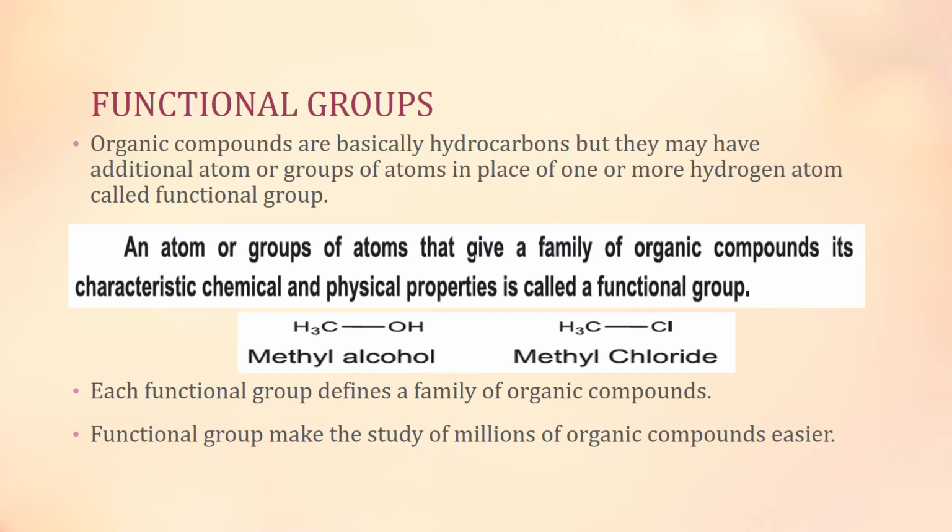And the second is methyl chloride. In methyl chloride, a chlorine atom is present. So methyl chloride will show its chemical and physical properties due to the presence of this chlorine atom. So this chlorine is the functional group of methyl chloride.